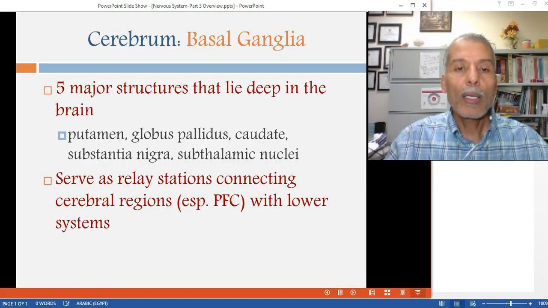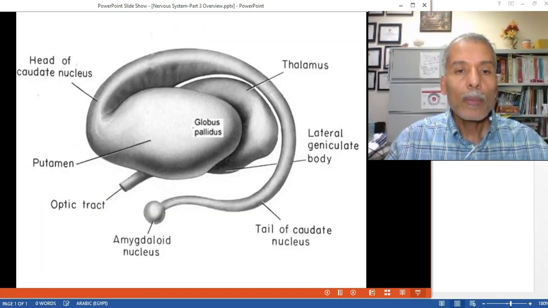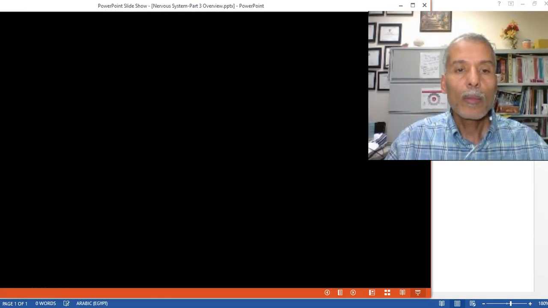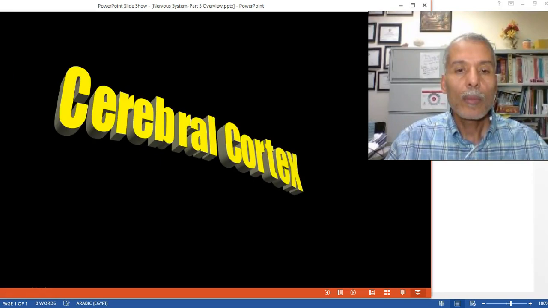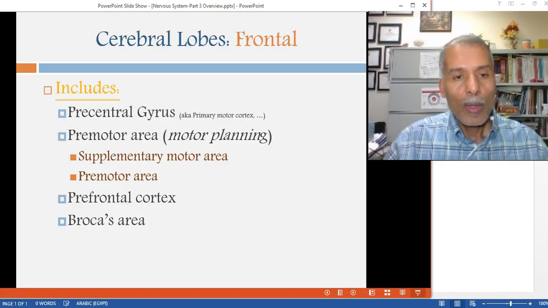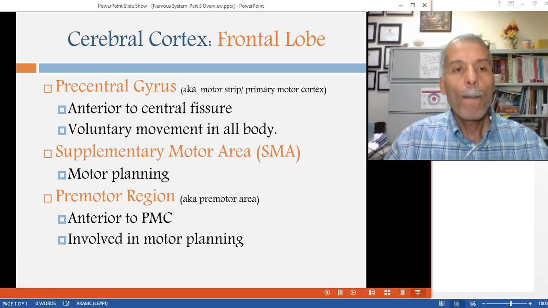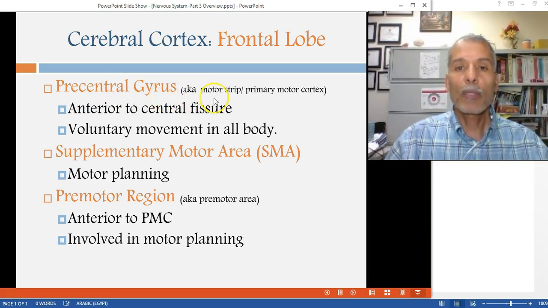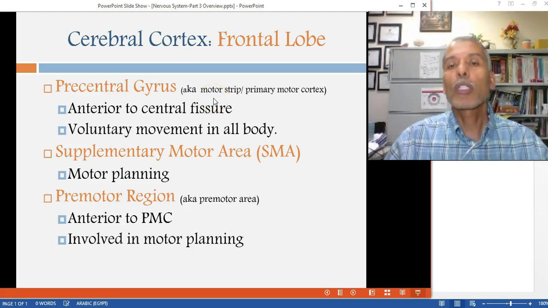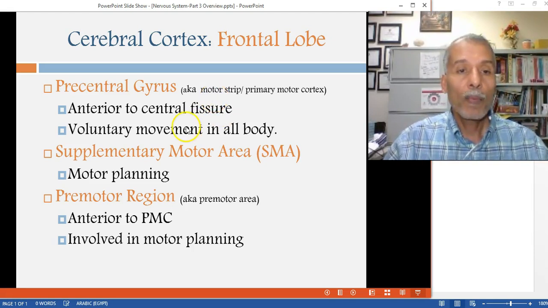So let's go back. The precentral gyrus, as I explained, the functions of it are motor. Sometimes we call it the motor strip, sometimes we call it the primary motor cortex or the motor cortex. You need to know where it is.